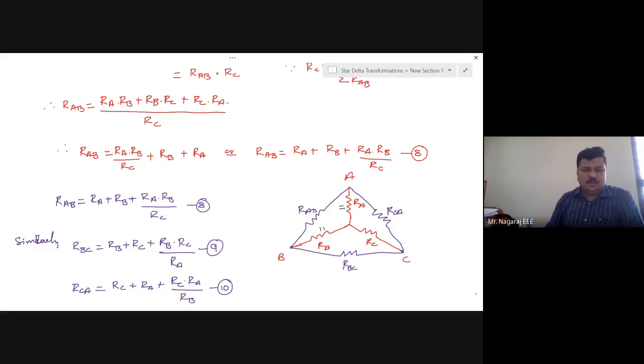I may get some analytical values at the end as a result of my analysis, but those values will not pertain to that particular system in its original form. So whenever we are transforming, whether sources, passive elements, or the entire circuit, we should always follow the principle of equivalence.